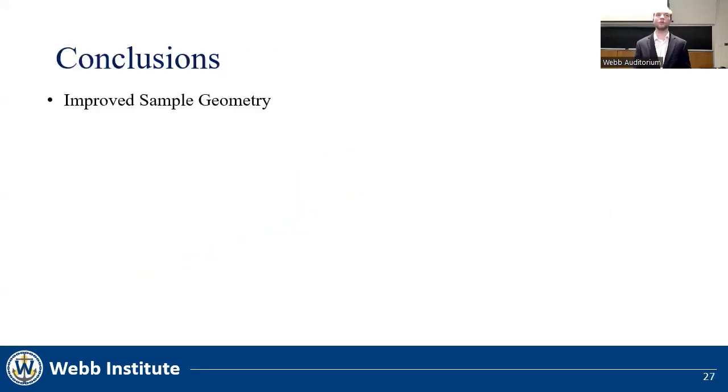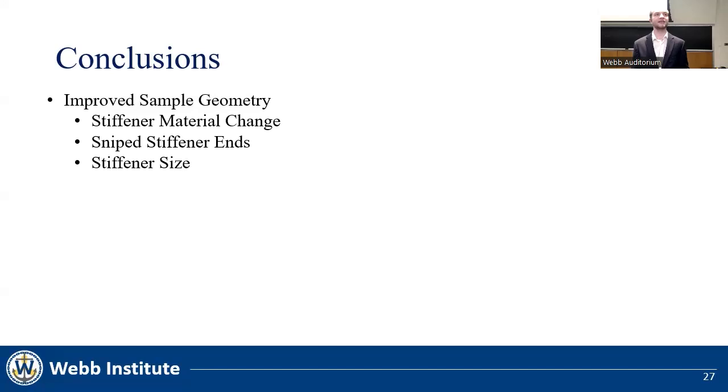In conclusion, we improved the failure method of the sample through its physical alterations, including the stiffener material change to 5086, sniping the stiffener ends, and decreasing the stiffener size. Ultimately, we believe that the material change had little impact on the failure method, since the 2024 geometry FEA showed reduced stress at the stiffener ends in comparison to the 2015 calibration. The stiffener end geometry changing may have helped some, but the 40% drop in stiffener cross-sectional area likely had the greatest impact.